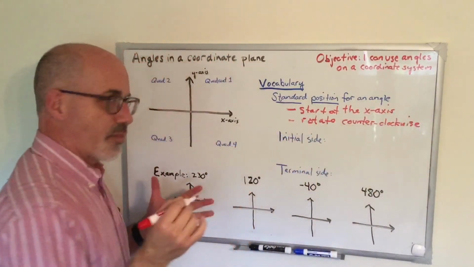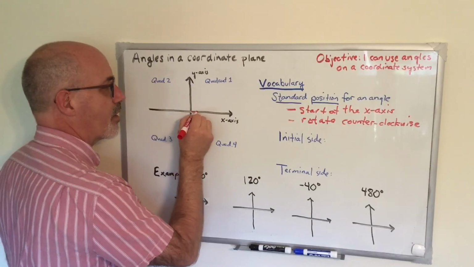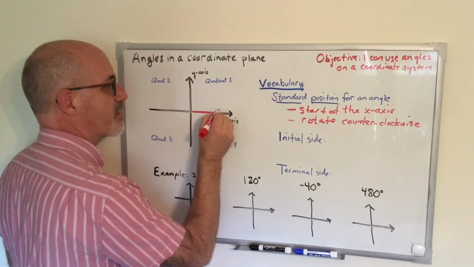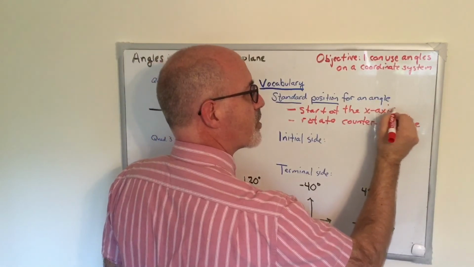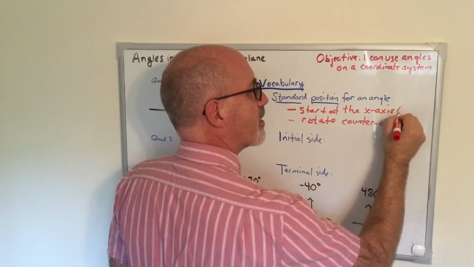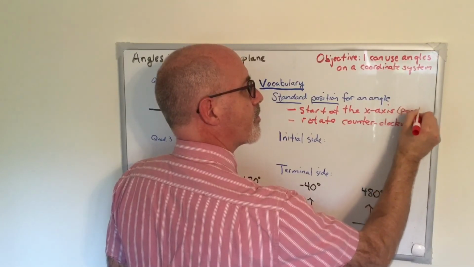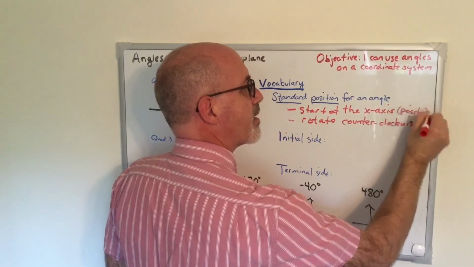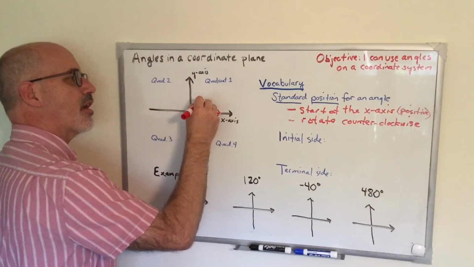What that would look like is we would start our angle right here on the positive x-axis. So for the x-axis, we'll start on the positive side, and then we'll rotate the angle counterclockwise.